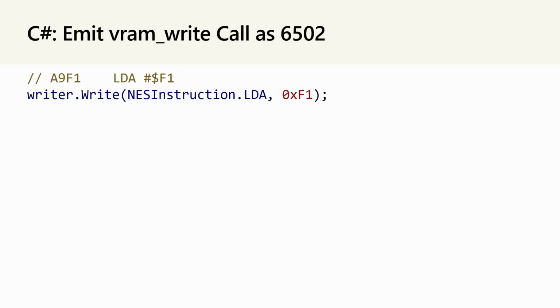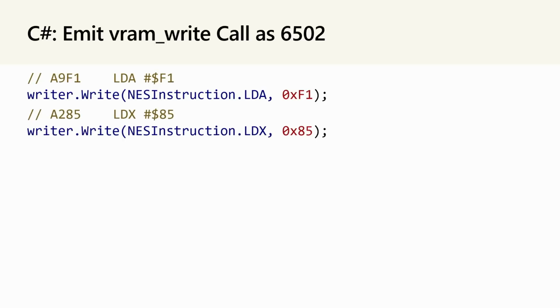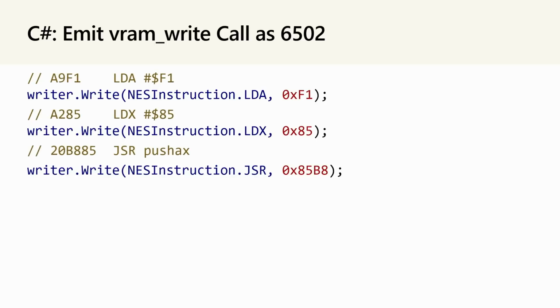Here's what it would look like to do that. In my NES writer, I've created an enum for every instruction, and then you can pass in an operand if it's a single byte, and that makes it to the underlying stream. Some of these, for example the call to pushax, are bigger than one byte.